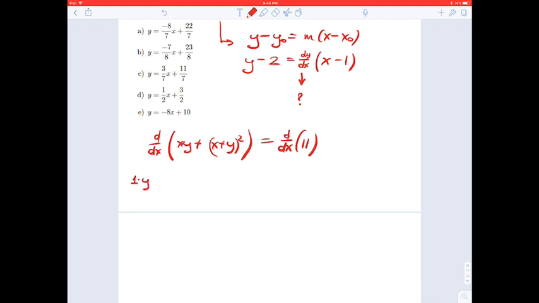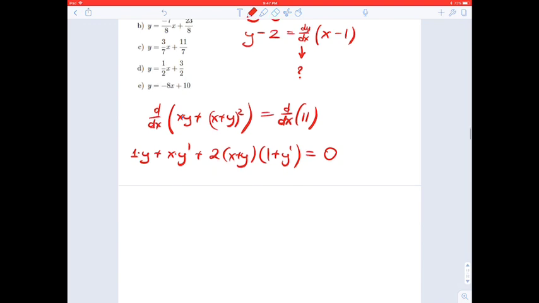Derivative of x is 1 times y, plus x times derivative of y. Now we have the inner function x plus y to the power of 2. Derivative is 2 times the quantity x plus y times the derivative of the inner function, derivative of x, 1, plus derivative of y, y prime. Derivative of the constant 11 is 0.